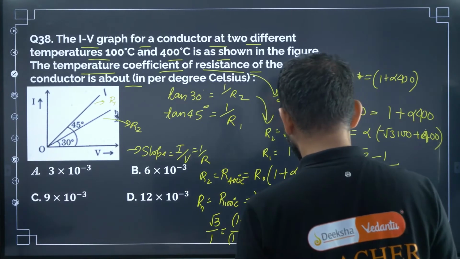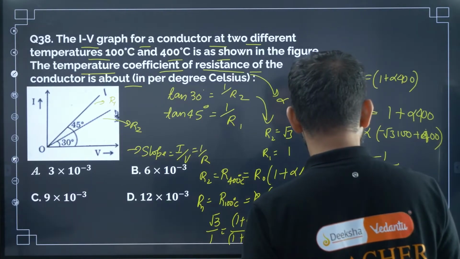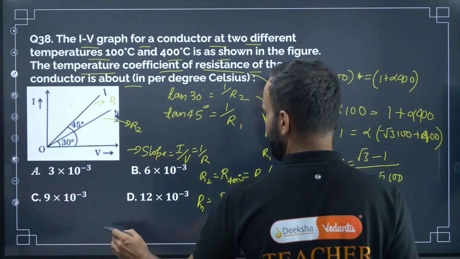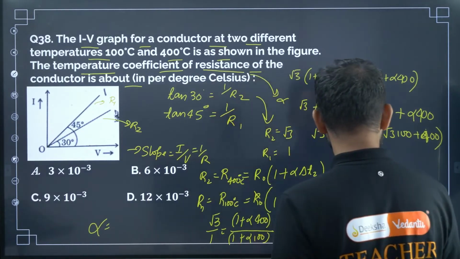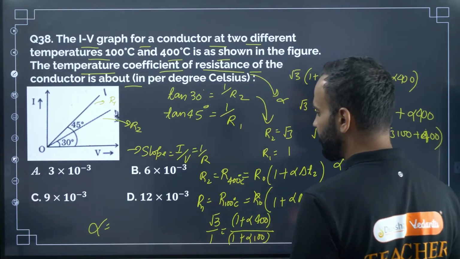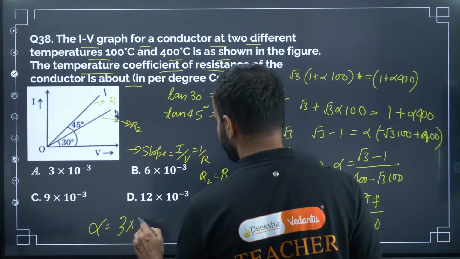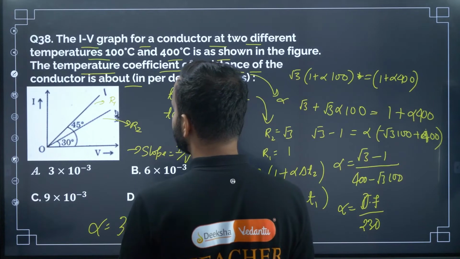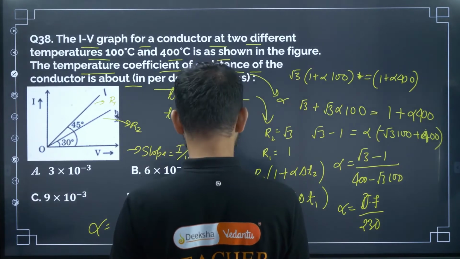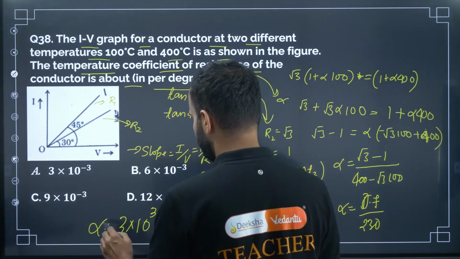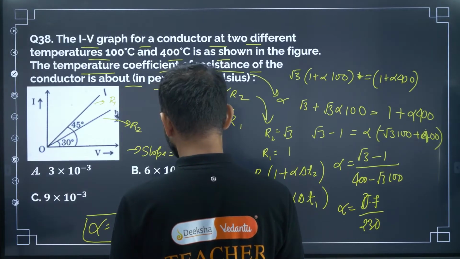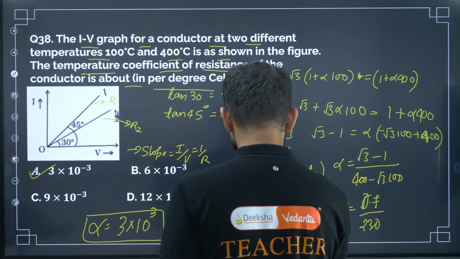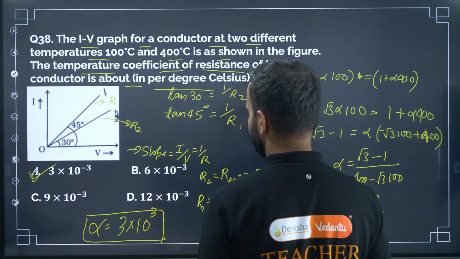So alpha is approximately 3 into 10 to the power minus 3. What is the SI unit? Per degree Celsius. So the correct option is A.